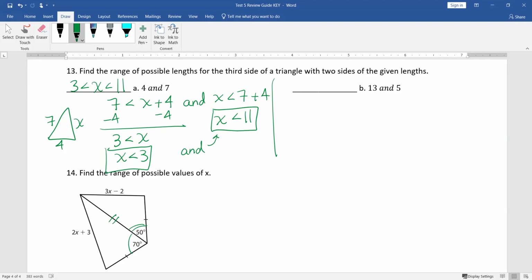So I need to find the values of x. What do I know about these two sides? I know that 2x plus 3 is greater than 3x minus 2, because there's my angles. Which one's the larger angle? 70, right? So I'm going to take my sides. To find one range, I'm going to take 2x plus 3 is greater than 3x minus 2.